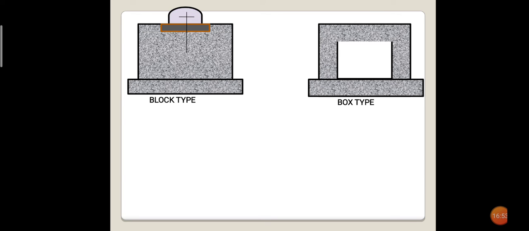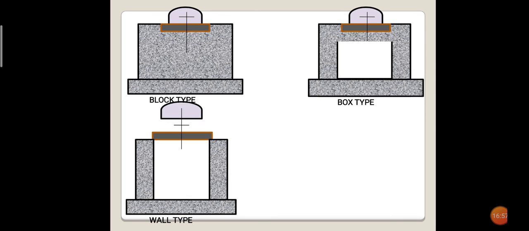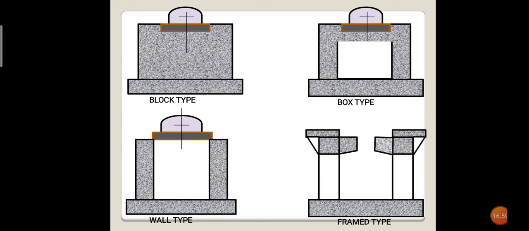The different types of cross section of the machine foundations are box type, then block type, wall type and framed type. So these are the different types of foundations we adopt for heavy machineries to arrest the vibration during the operation.